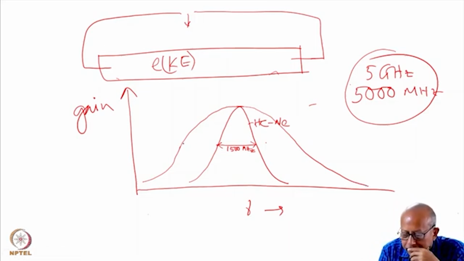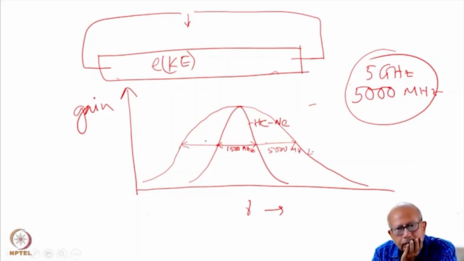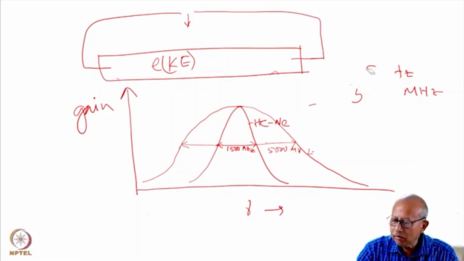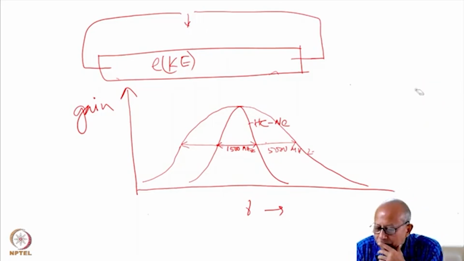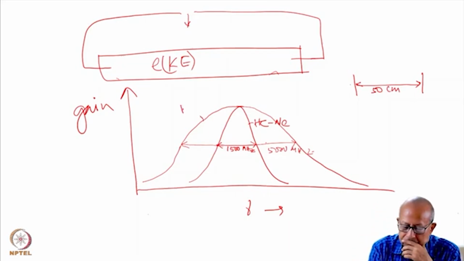The broadening now is 5000 megahertz. Let us assume that the cavity length for both these lasers is say about 50 centimeter. It is the length of the cavity for both the lasers, 50 centimeter. This is helium-neon and this is argon.